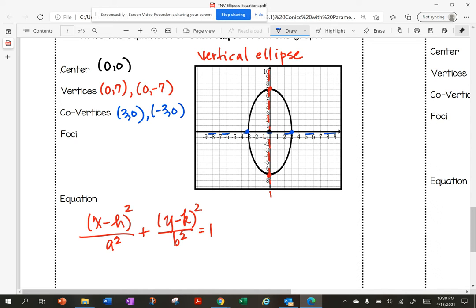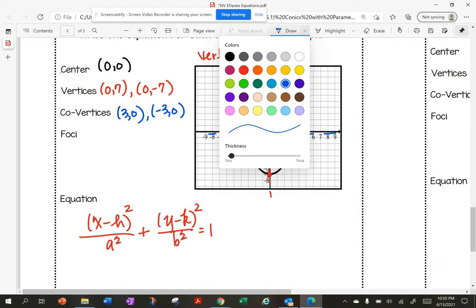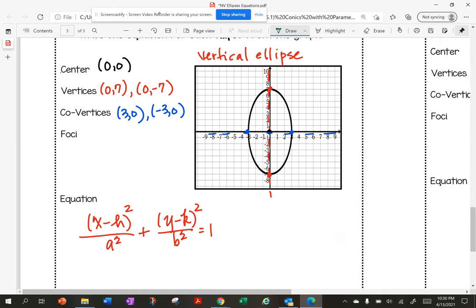And my foci, I need to calculate. So the foci are found using c squared equals a squared minus b squared. So a is the distance from the center to a vertex, so that is 7.